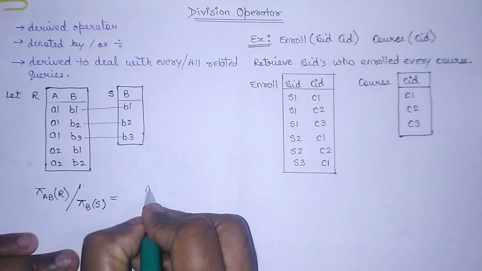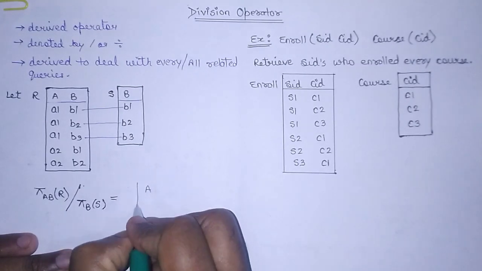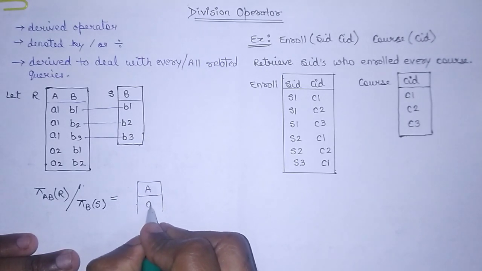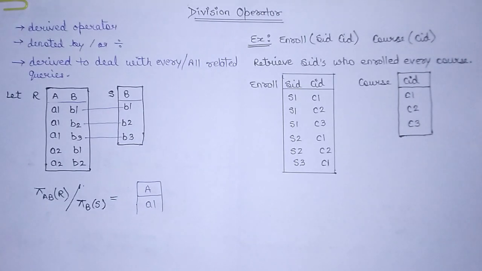It will give you output as attribute A in a table with the attribute value A1. So it will give you only those values of A which are mapped to every value of B in another table. So this is how it works.